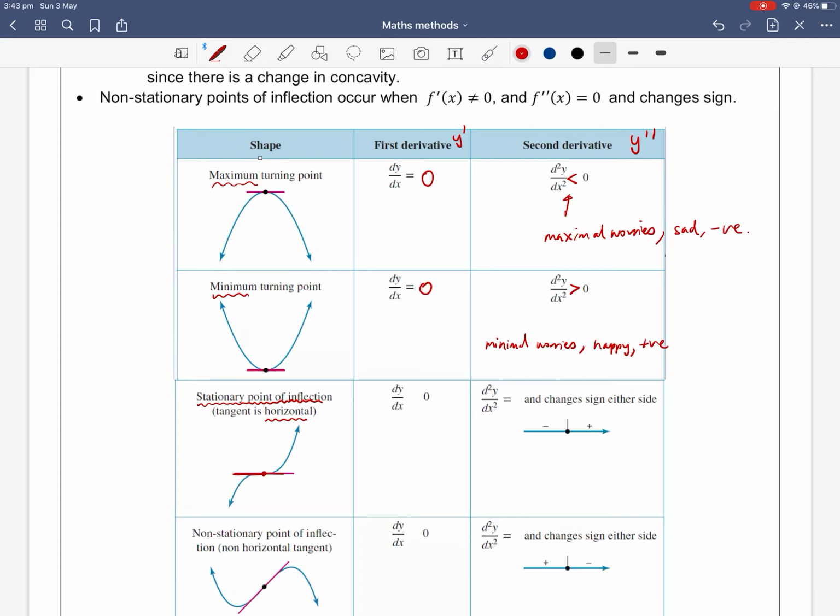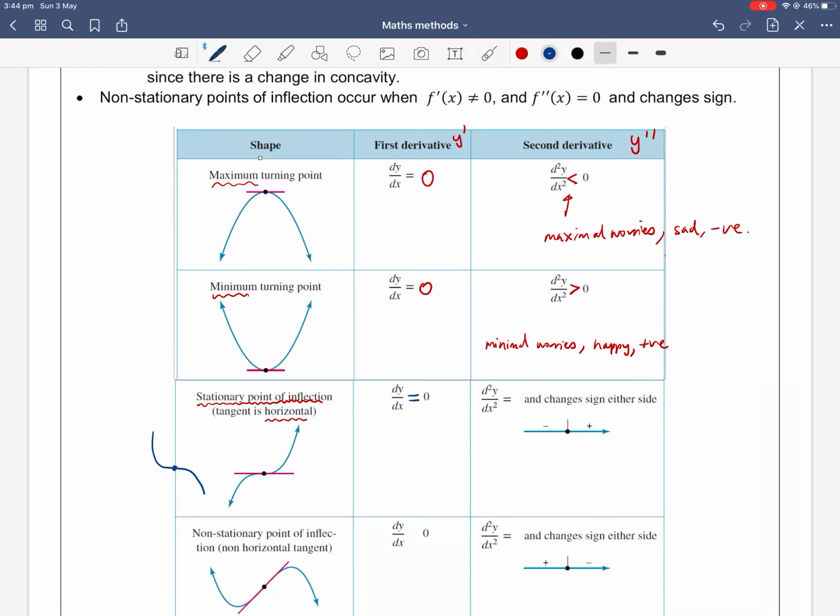That's when you had your point of inflection, but then the gradient at that point is flat. So obviously it could go this way or it could go the other way. Again, your gradient is equal to 0, because at these stationary points, your gradient is flat.